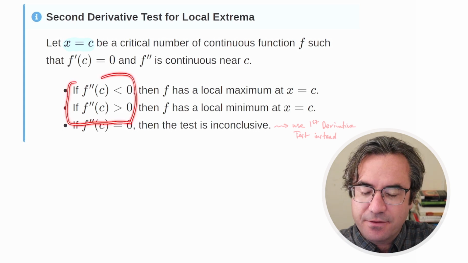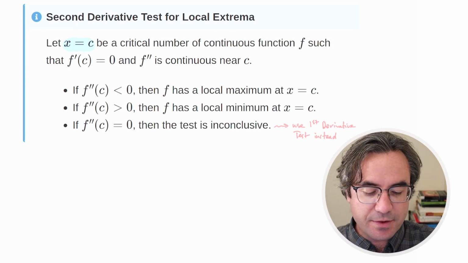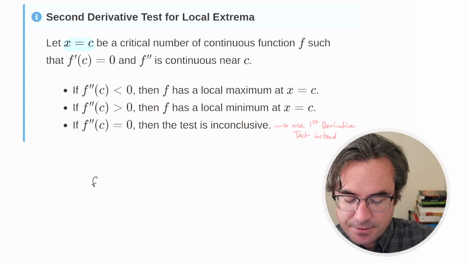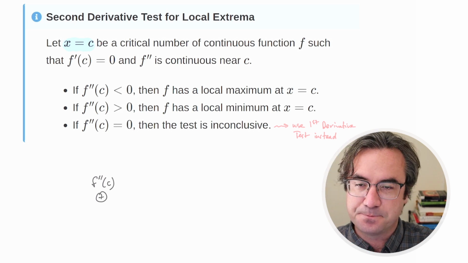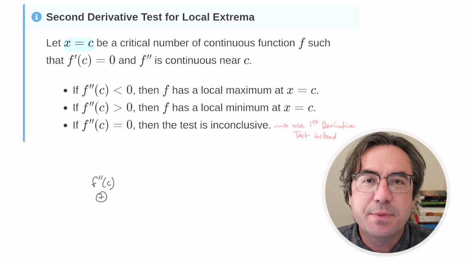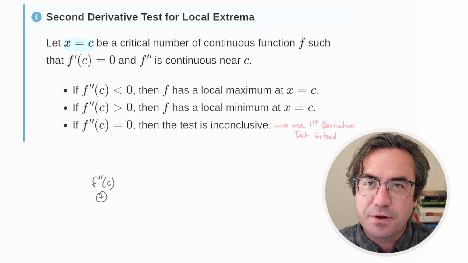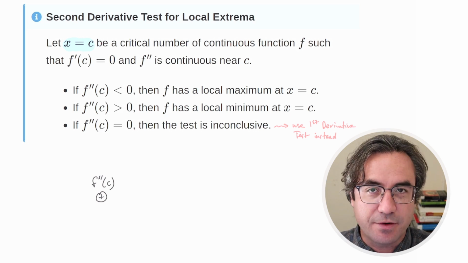let's think of a way to remember what this test says, and we want to think of it in terms of concavity. Suppose we calculate f double prime, plug in our critical number, and find that it is positive. Remember, we use the second derivative for intervals of concavity.